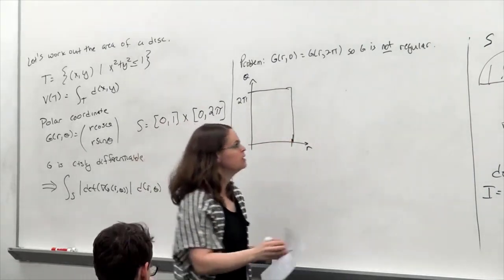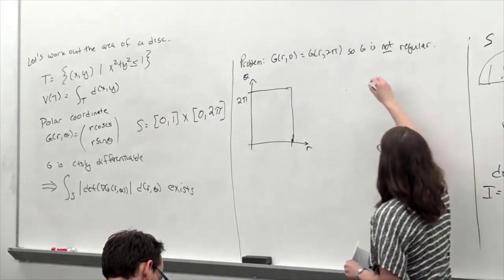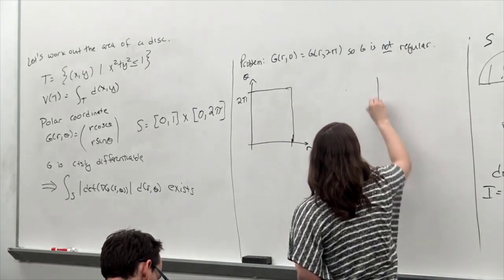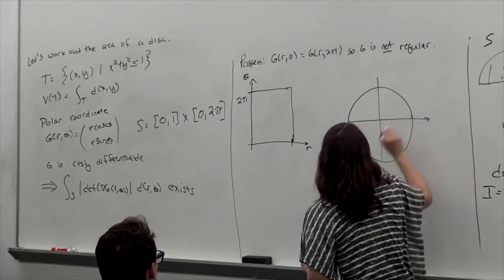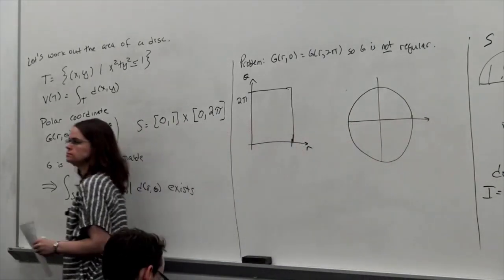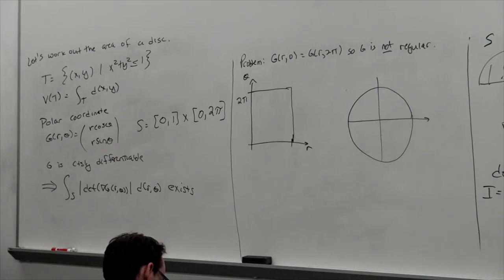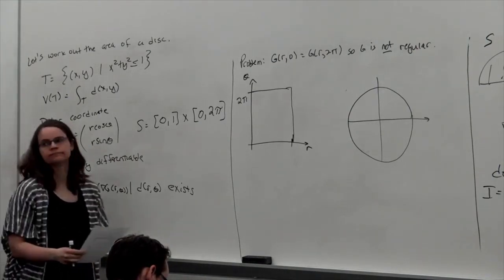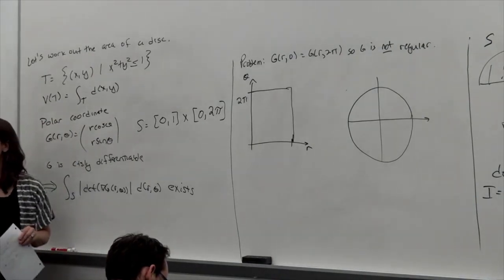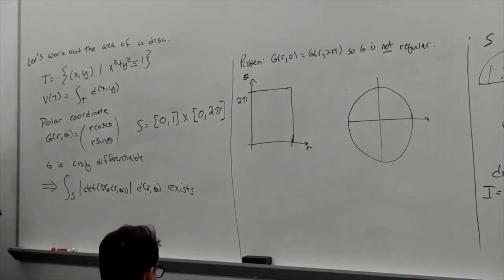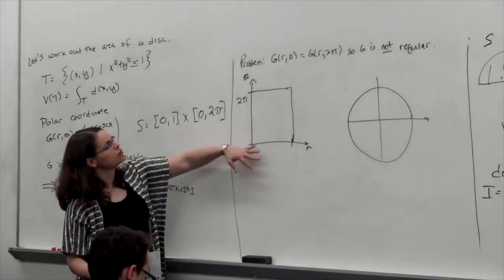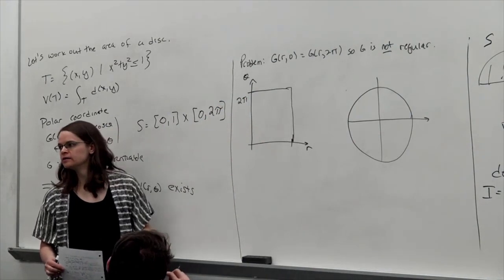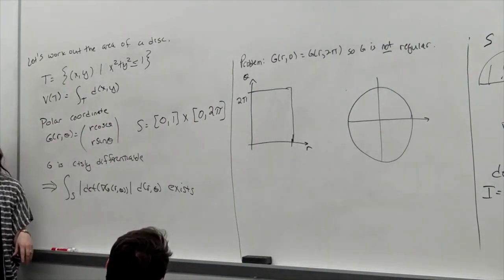And what we'd like to do is use that to get at our disk. Now, the only problem happens with theta equals 0 and 2 pi, okay? If we exclude those, then we don't have a problem.